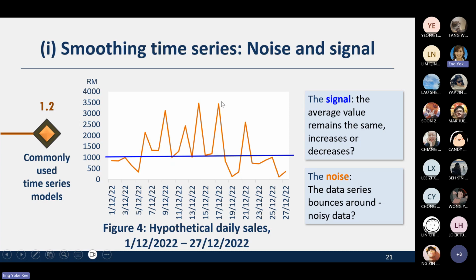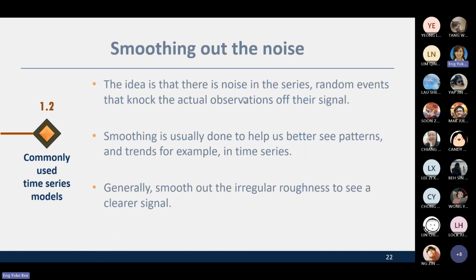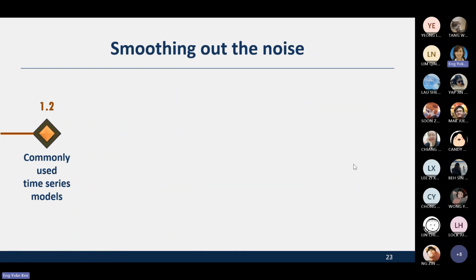So how do we do that? As mentioned, smoothing tries to help us better see the pattern, so we try to smooth out the irregular roughness. Roughness here means the chaos or the noise.